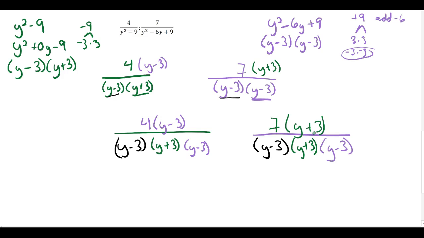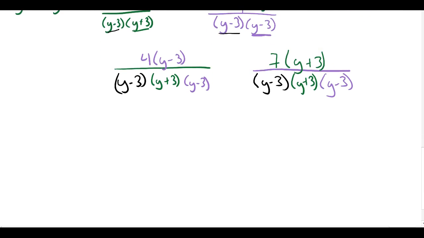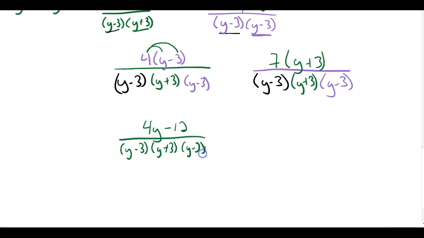Now the numerators, I do want to go ahead and multiply back together. So I'll end up with a 4y, and what I'm doing is distributing. 4 times y is 4y, 4 times a negative 3 is a negative 12. And then I'm going to keep my denominator factored out: y plus 3 and y minus 3.